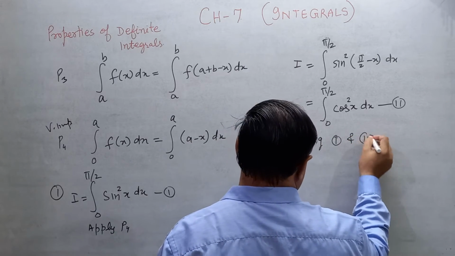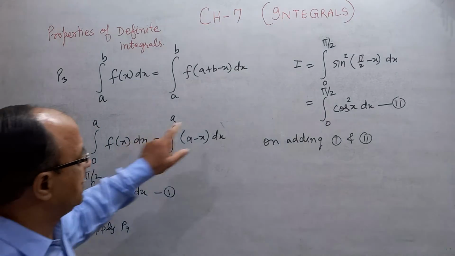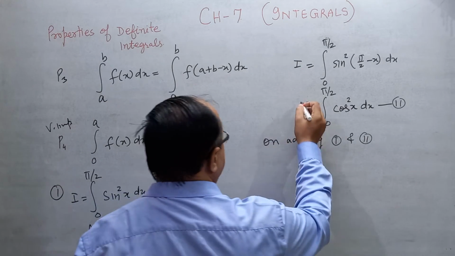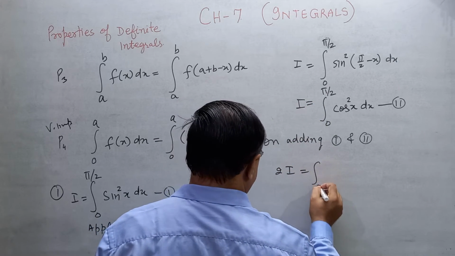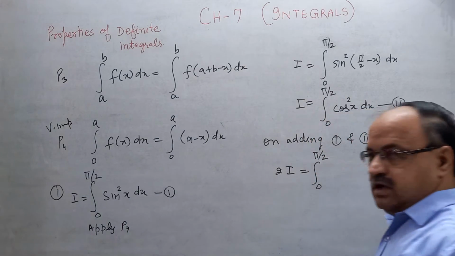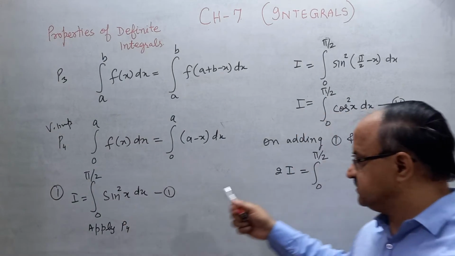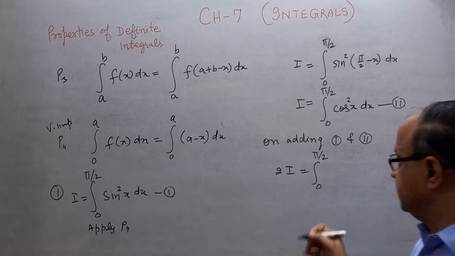On adding first and second, I plus I, that is 2I. Integration 0 to pi by 2, and you know that sin square x plus cos square x is 1.